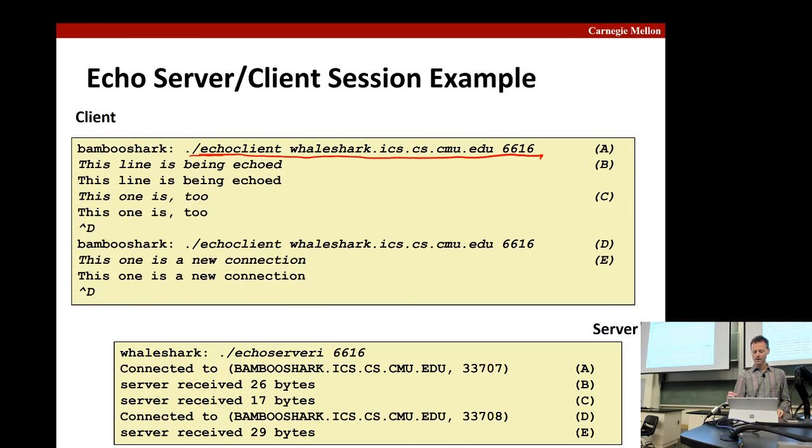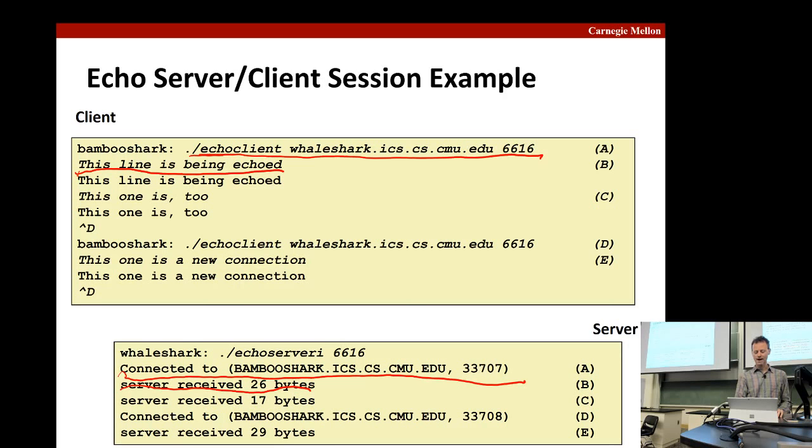Echo Client gets called like so. On the server side, you get a printed message saying it has been connected to a machine, this Bamboo Shark machine, along with a port number. Then the client typed "this line is being echoed", which caused 26 bytes to be sent to the server, because that's how long it is.